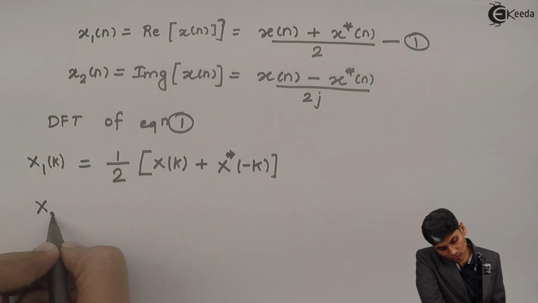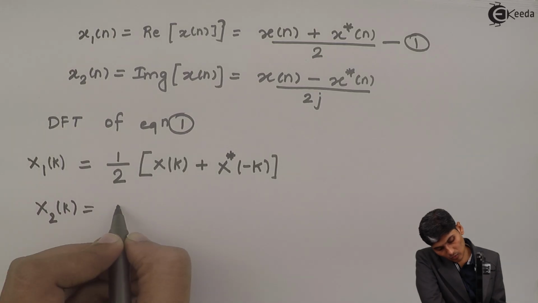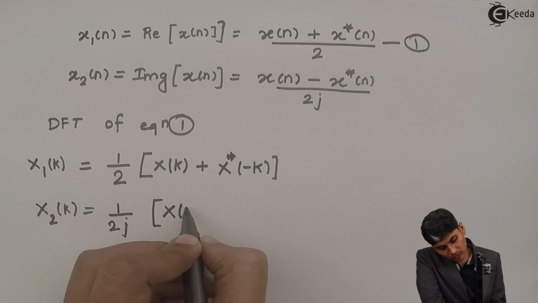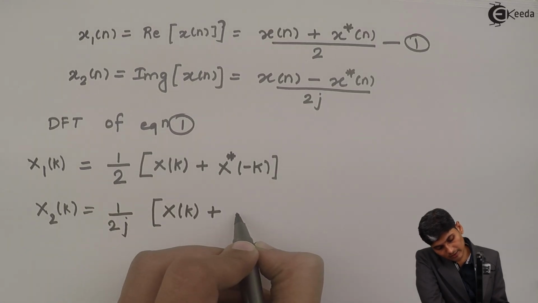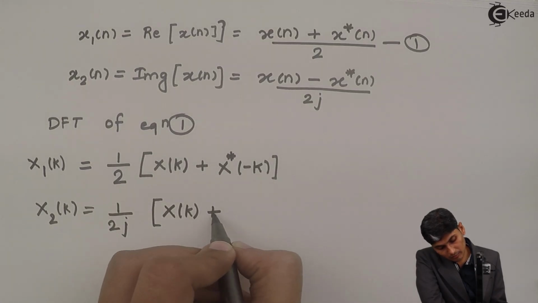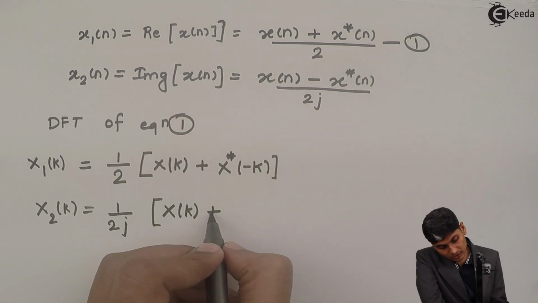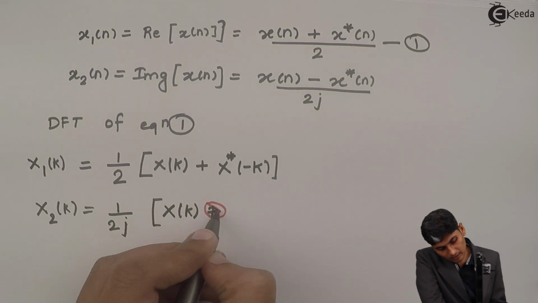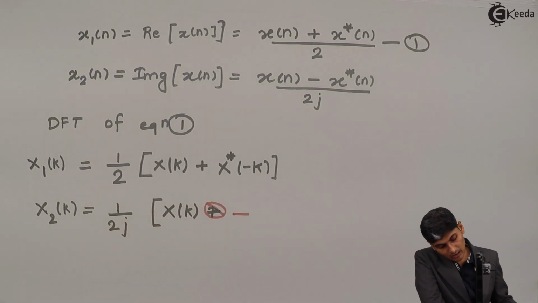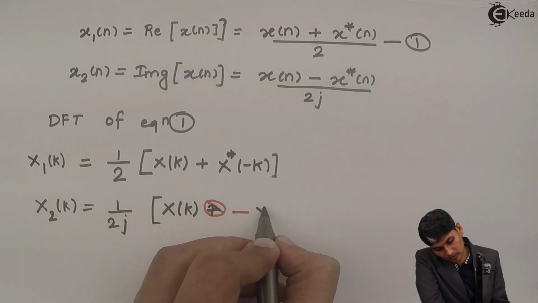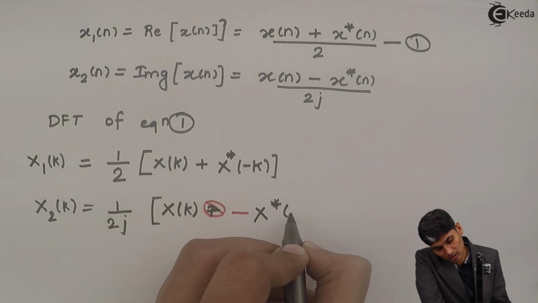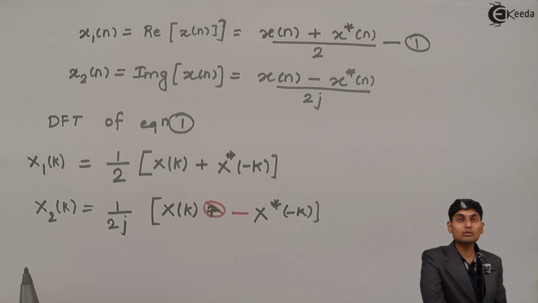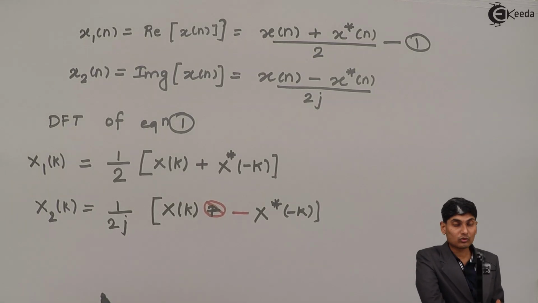Whereas x2 of k we can write as 1/2j times x of k, not plus, it's minus over here. So we have not plus but a minus x conjugate of minus k as the solution for x2 of k.